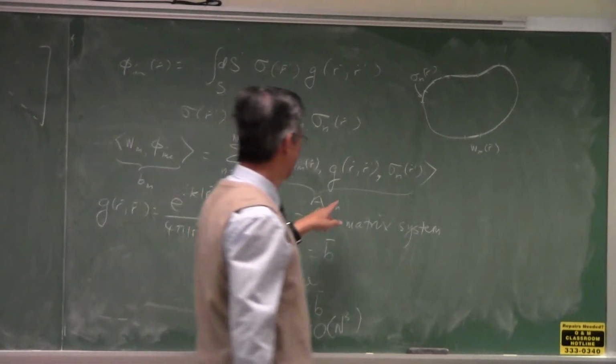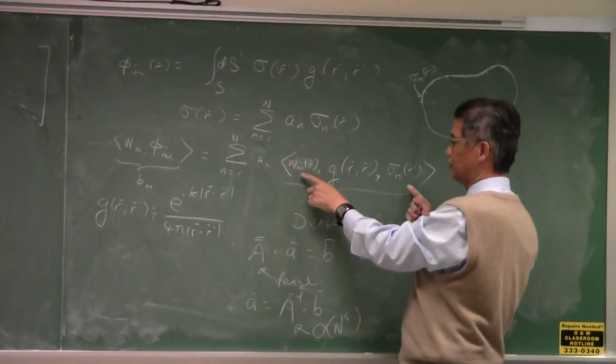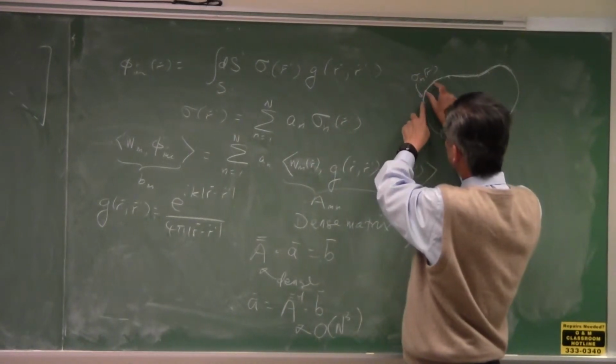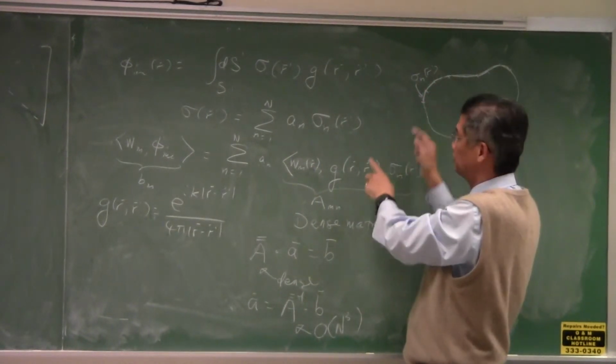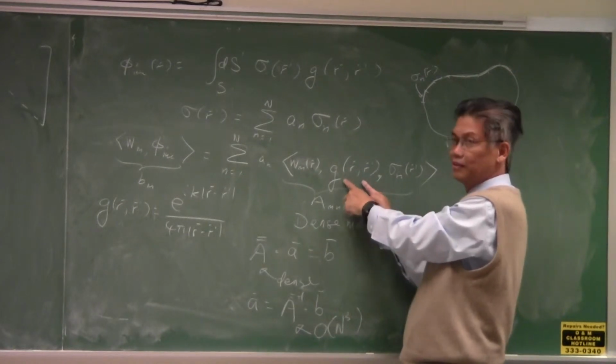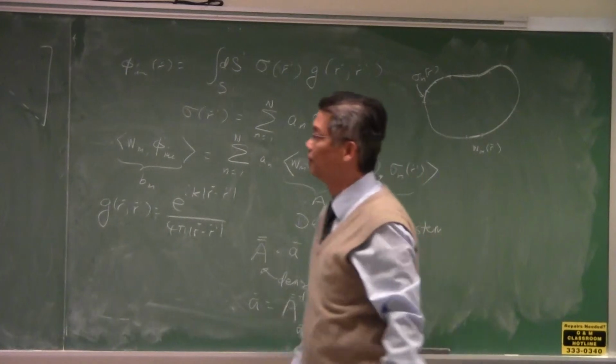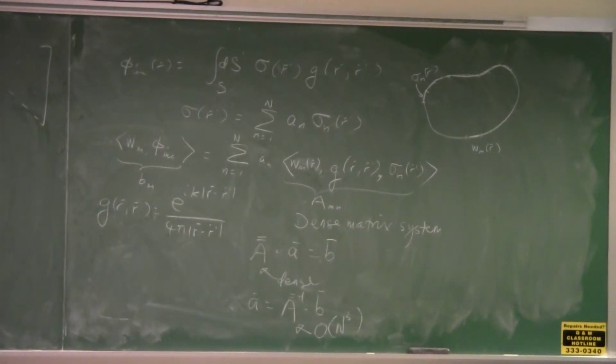But I argue that the diagonal part corresponds to r and r prime very close to each other, or the testing and the expansion functions on the same element. I argue that the Green's function is largest over there, and hence this element is the largest. So I can argue that this term is usually quite large, because it represents the diagonal elements. This term is somewhat smaller than this term.